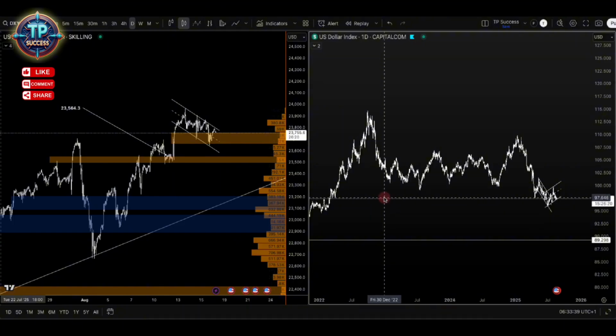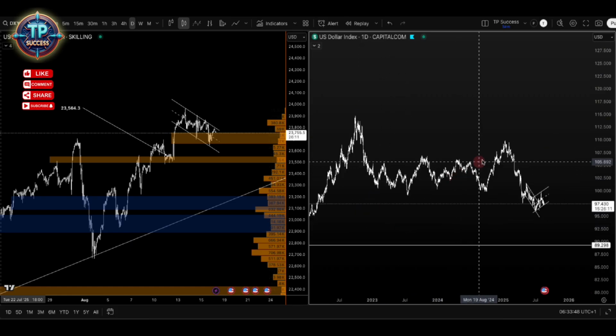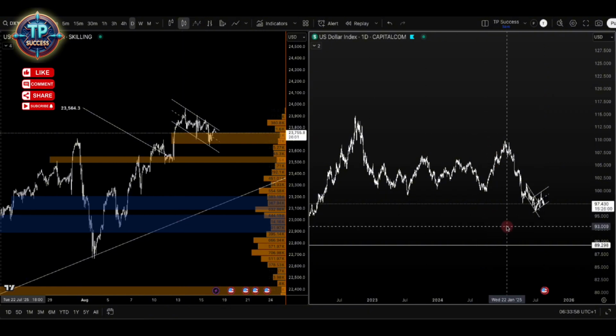I've seen it myself, so I thought, you know what, let me just self-correct, right? So okay, the DXY is down, NAS usually would be up, right? That's just the main correlation between the two. So if DXY is down, NAS is up, and if DXY is up, NAS is down, right?